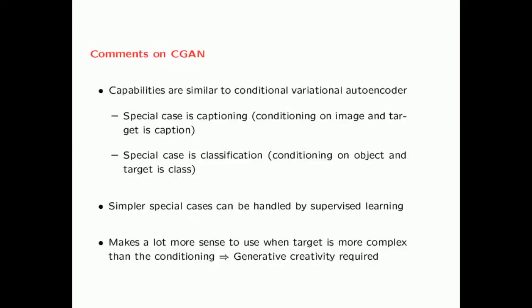But the point is that these approaches are not well suited to these simpler special cases, because simpler special cases like captioning or classification can be handled by supervised learning. It makes a lot more sense to use this approach when the target is more complex in the conditioning, where some level of generative creativity is required. So in cases where you have the caption and you're trying to get to the image, more generative creativity is required. In those cases, it makes more sense to use a generative adversarial network.